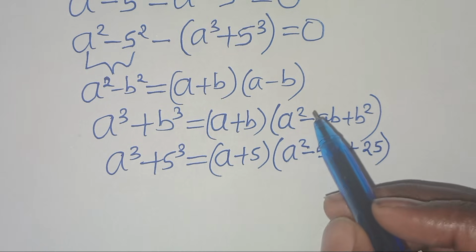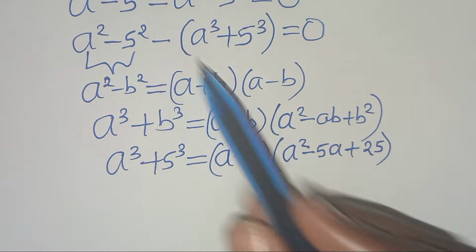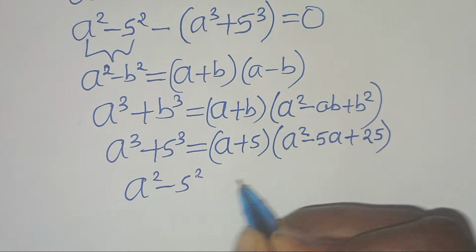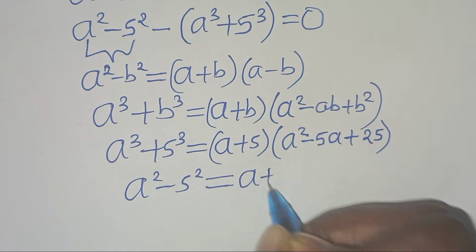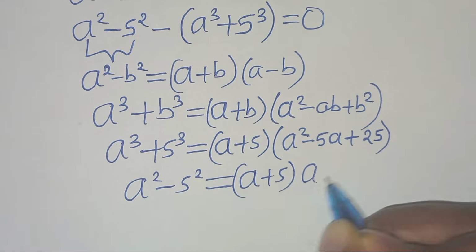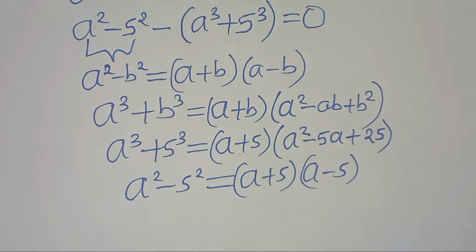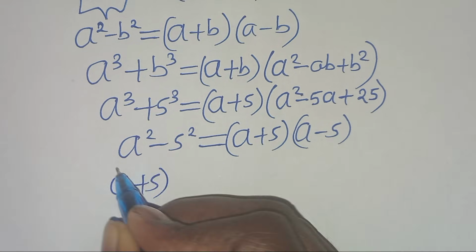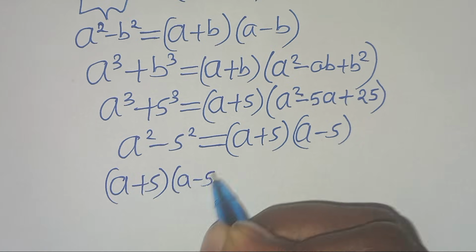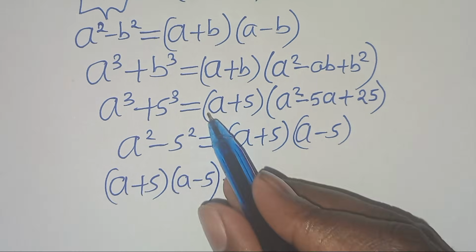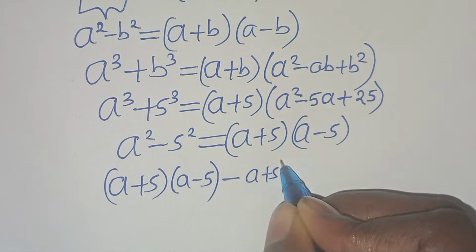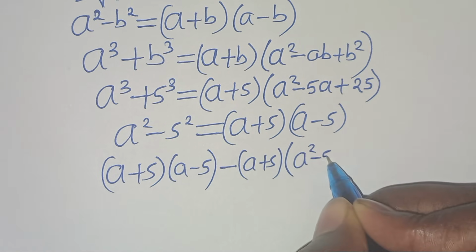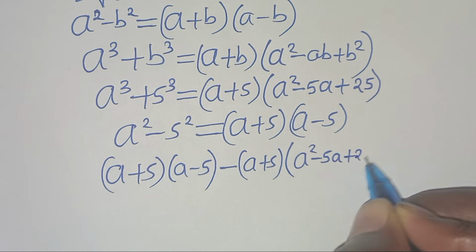Now, here we have a squared minus 5 squared. This we can express as a plus 5 times a minus 5. Then subtract a plus 5 into the parentheses a squared minus 5a plus 25.